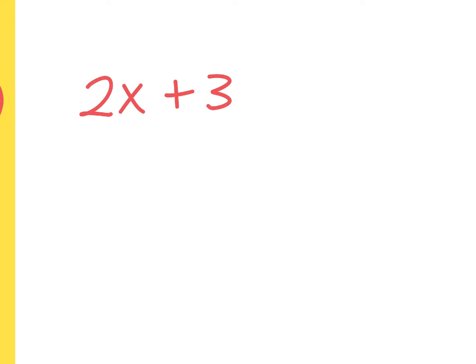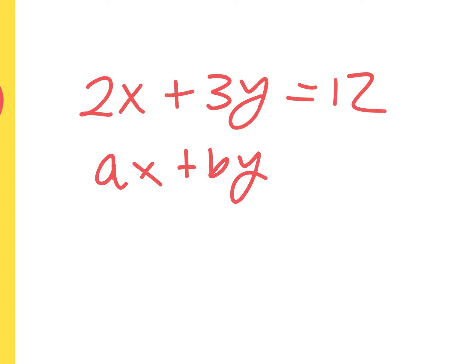2x plus 3y equals 12. That is called standard form of an equation. And technically they say ax plus by equals c. And basically you can have any numbers here, here, and here, but I want to remind you that a, b, and c really should be reserved for x squared plus 3x minus 5.